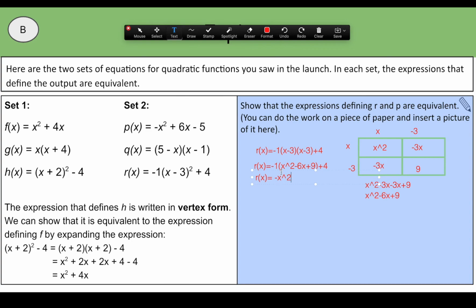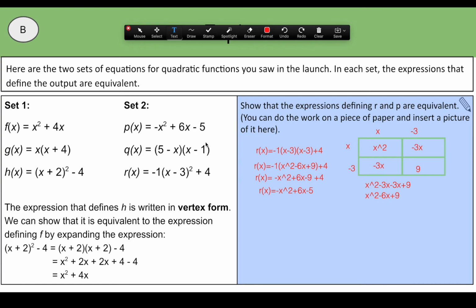We know negative 1 times negative 6 is positive 6x, and we know negative 1 times 9 is negative 9. We don't multiply the negative 1 by the 4 because the 4 isn't in the parentheses. And then the last step is we're going to combine those last like terms. Negative x to the second power plus 6x minus 5.